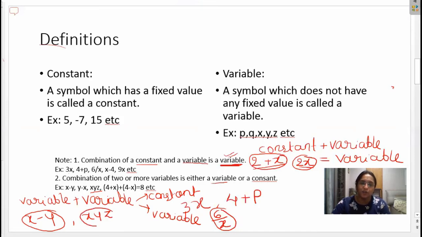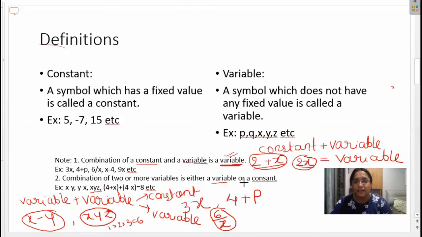This is also one variable, because if you put x is equal to 1, y is equal to 2, z is equal to 3, you will get 6. Suppose if I put x is equal to 2, y is equal to 5, z is equal to 10, I'll get some other value. That is, it is not fixed. That's why this is a variable.